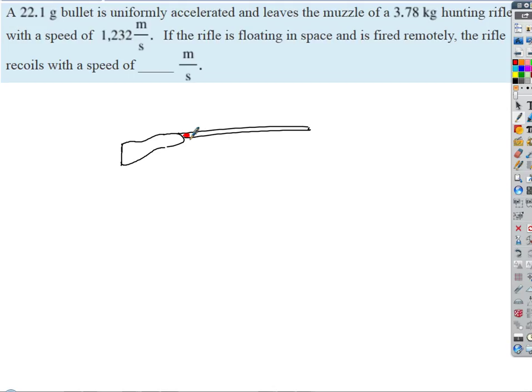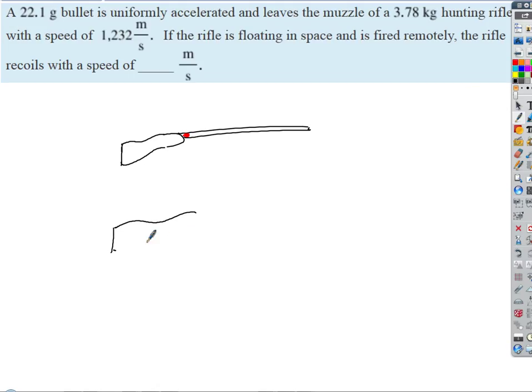Our system includes both the rifle and the bullet. They're floating in space and they're motionless. So what's the momentum of the system? 0. Okay. So that means that if all the forces acting in the system are internal, then the momentum must stay zero, right? So now that's before, this is after.